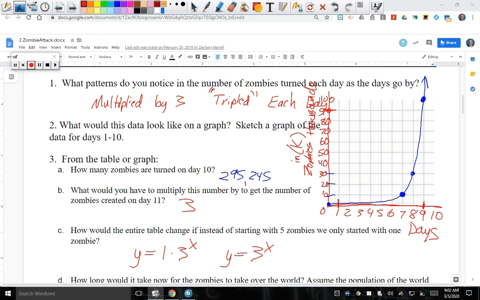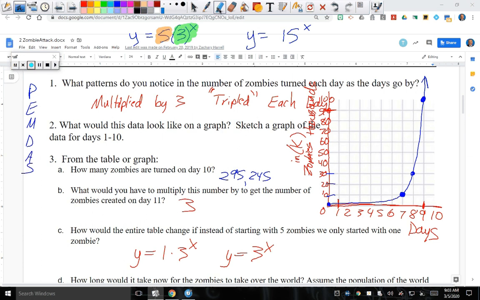Which brings me to something important, huge, right now. If this is my equation, is this the same as that? No. Why? Because the exponent has to be applied to the 3 first, and then you multiply by 5 because of PEMDAS.